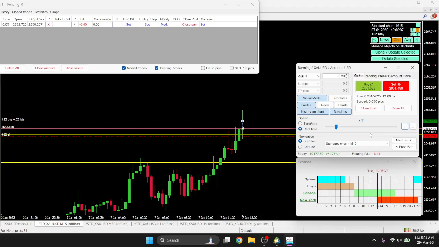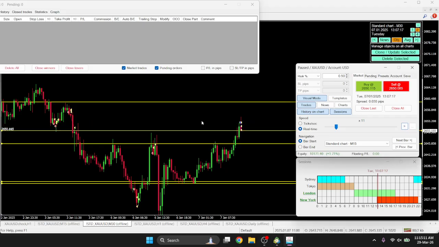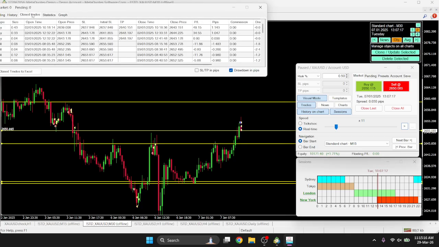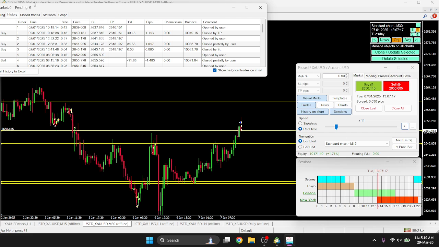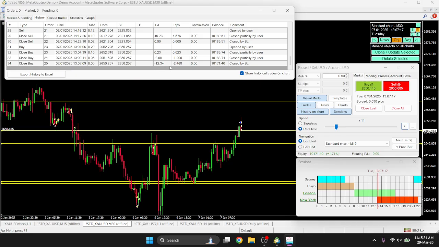My SL is still here. So I risked $50 and how much did I just lose? Let me check the closed trade history. Okay, this was the buy and I just lost, oh shit, just $12, 6, $18.